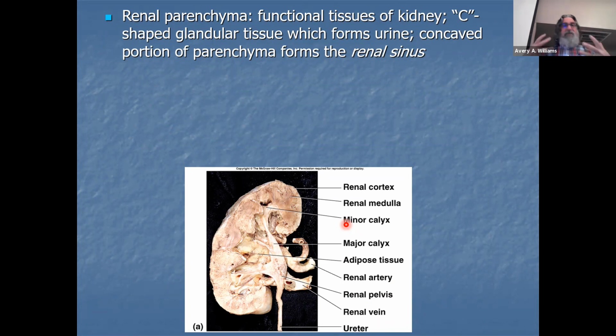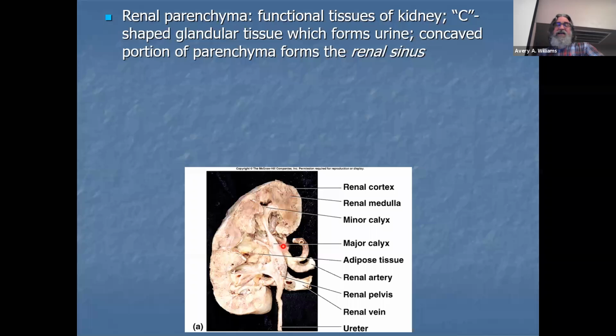The renal parenchyma, this is the functional stuff that's in the kidney. And this is a god-awful looking kidney taken from a cadaver. Doesn't it look terrible? Not a well-preserved cadaver either. And this was, I think, taken from your book.